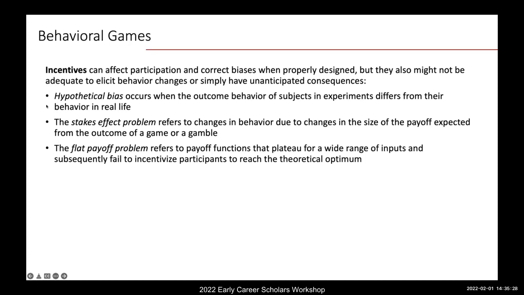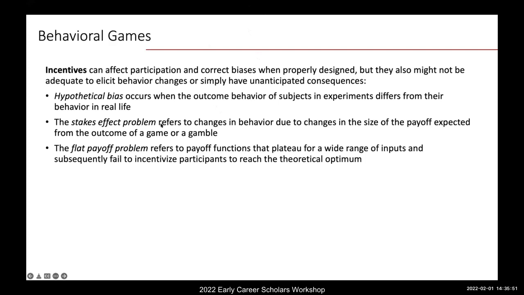The first one is hypothetical bias, which occurs when the outcome behavior of a subject in an experiment is different from their behavior in real life. Okay, so this is because you have highly incentivized participation or certain behaviors, and then you can actually not say anything about this behavior in the real world.